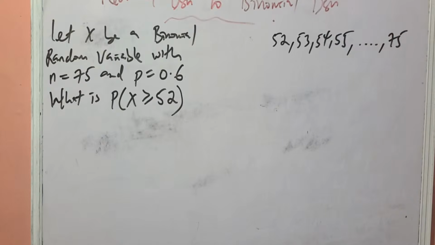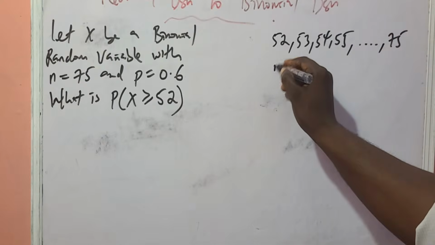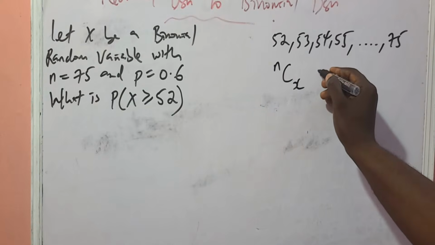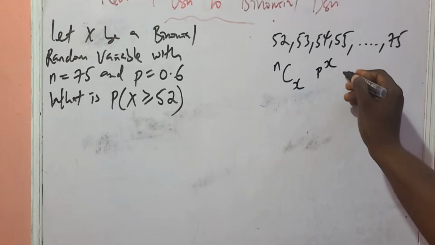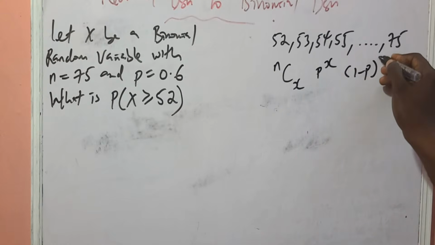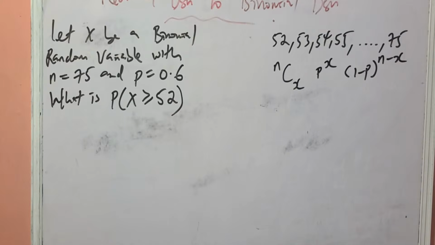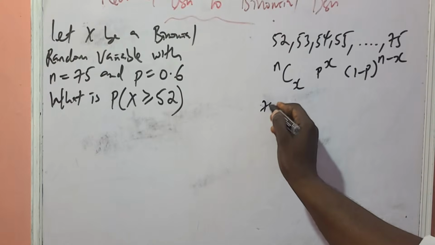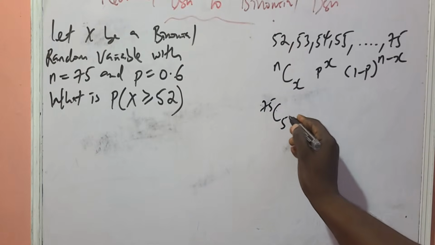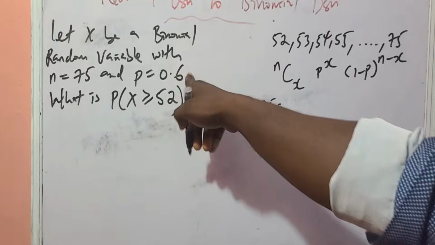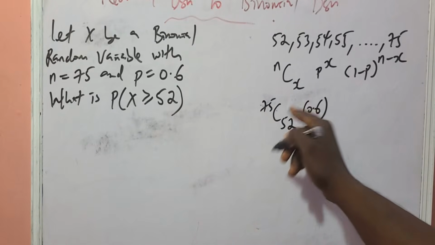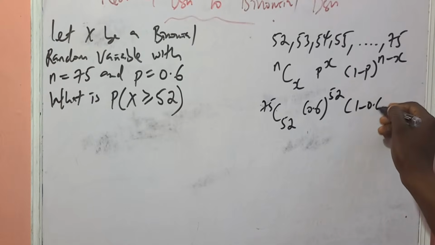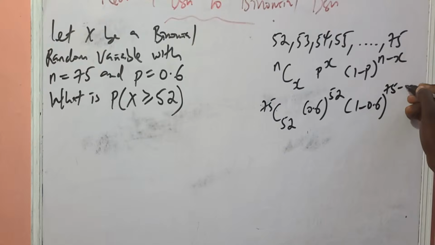Of course, if you recollect the formula for your binomial probability mass function, we have it as this. So for each of them, you want to say 75 combination 52, then probability of success, which was given as 0.6, raised to power 52, then 1 minus p, that's 1 minus 0.6, raised to power 75 minus 52.